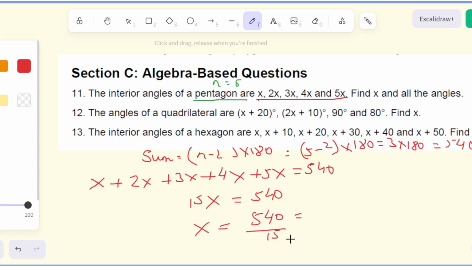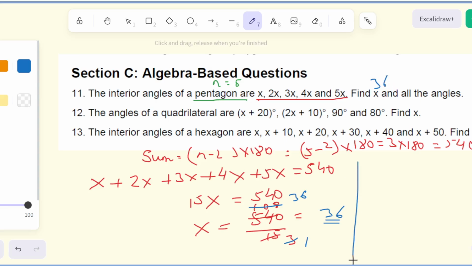You can do it step by step. So 540 divided by 5 is 108. Now again you can divide by 3. So 3 times 3 is 9, 18, 6 times 3 is 18, 36. Each x equal to 36, right?